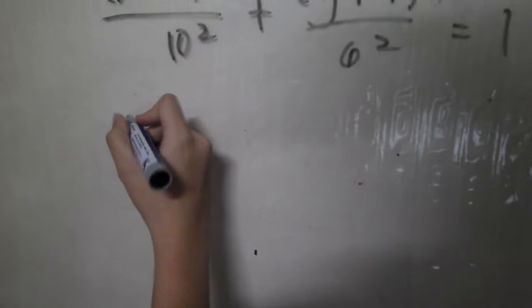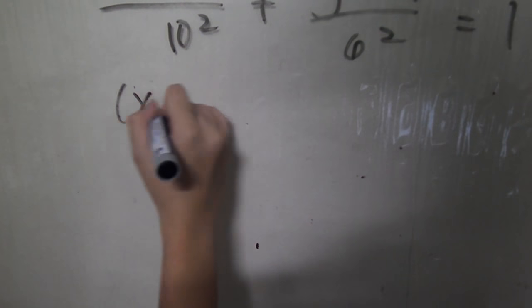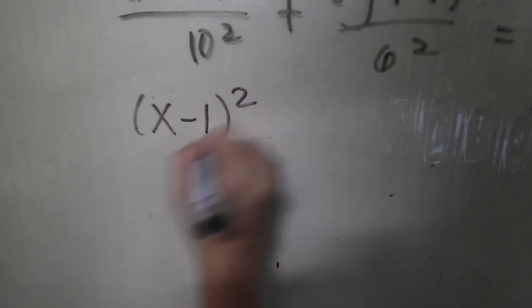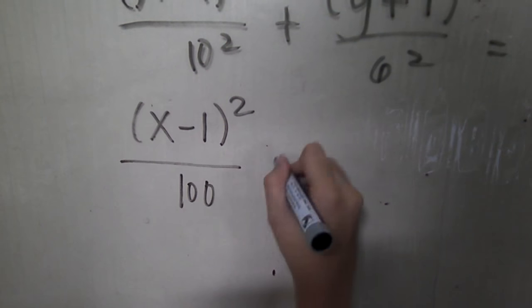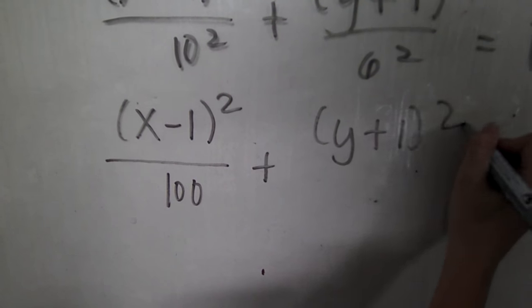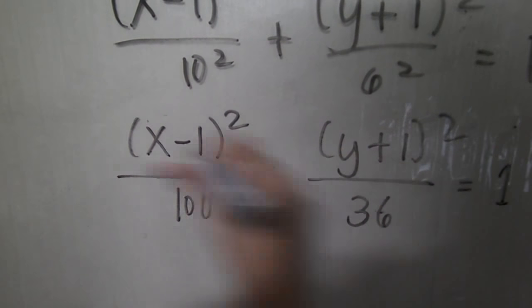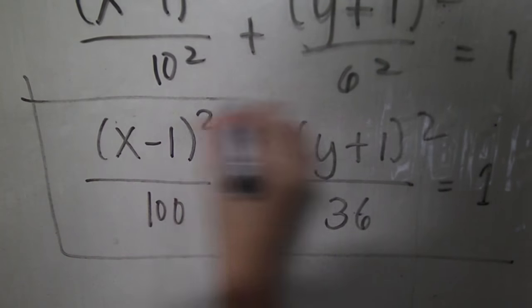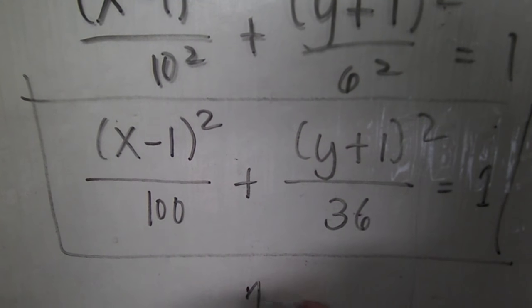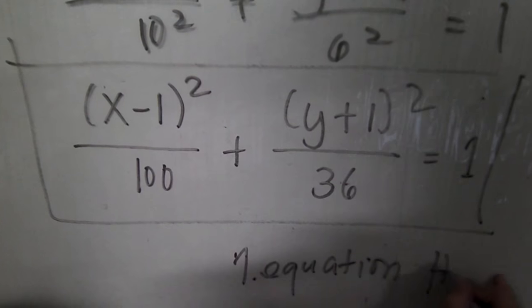The final answer of the standard equation of the ellipse is (x minus 1) squared over 100 plus (y plus 1) squared over 36 equals 1. So this is the standard equation of our first equation with the horizontal major axis.